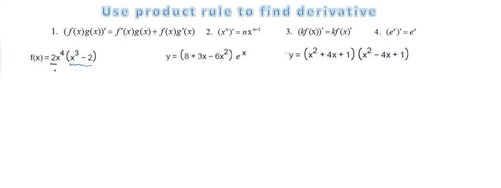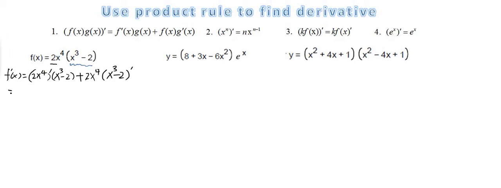Okay, so we're going to follow the product rule to calculate the derivative of f(x). So we have the derivative of the first function times the second function plus the first function times the derivative of the second function.